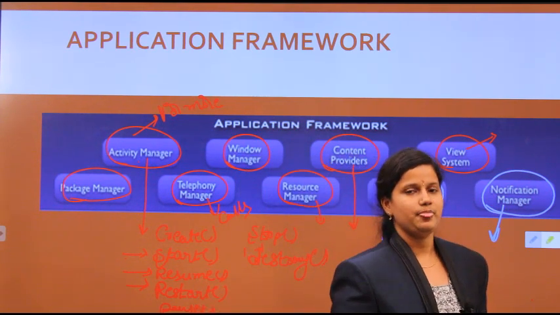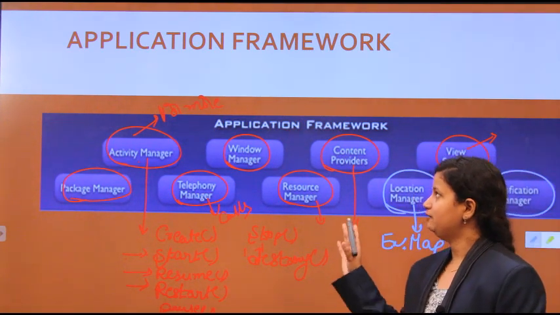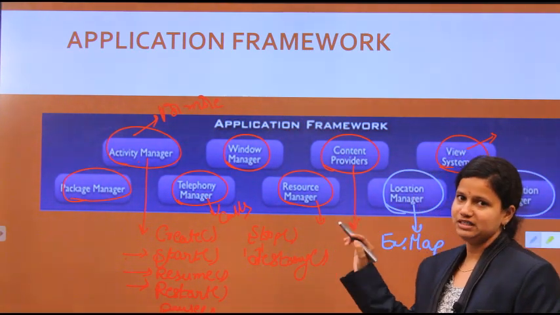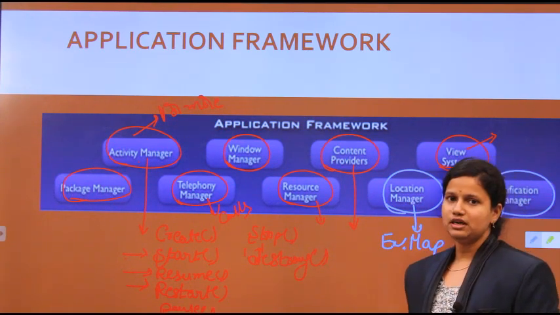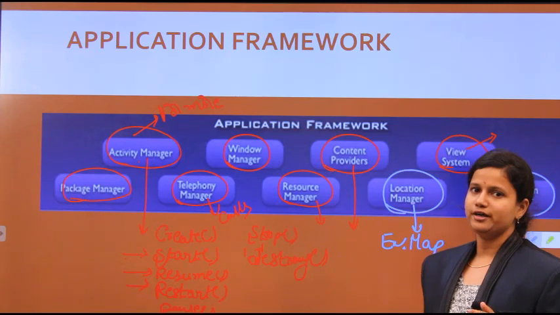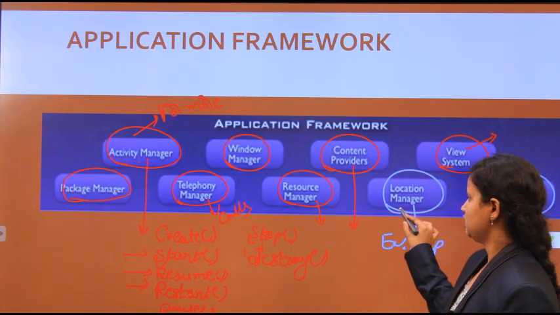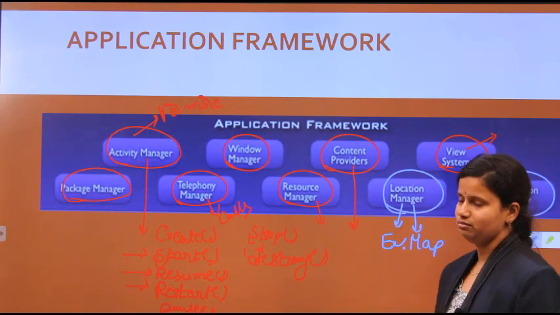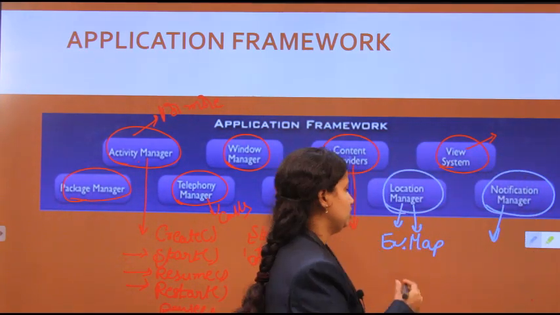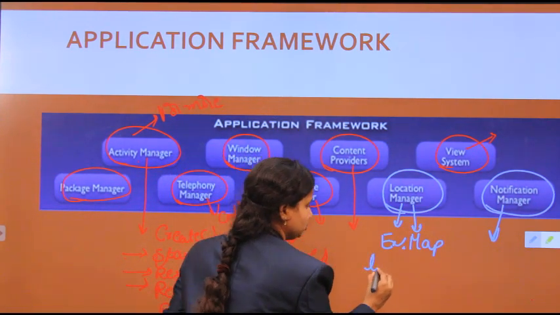So in this way, as per the requirement of the user, we have to go with these different application framework manager classes. In your application, if you want to find out the location of that particular mobile, you have to go with the location manager class, import it, and create an object of the location manager class, say L is my object.